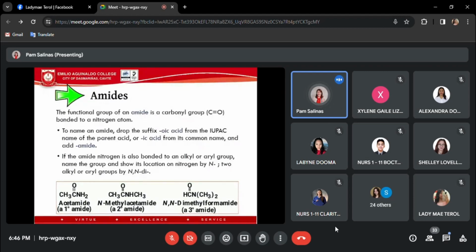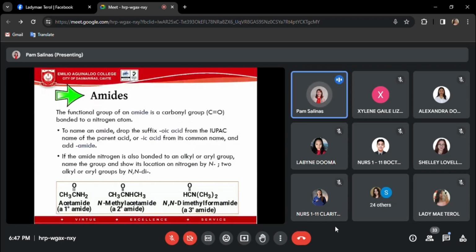So if the amide nitrogen is also bonded to an alkyl or aryl group, you have to name the group and show the location of nitrogen by N, and two alkyl or aryl groups by N,N-di. If N, only one. When N,N, that means it already has two. Okay, two is its location. So let us find out.